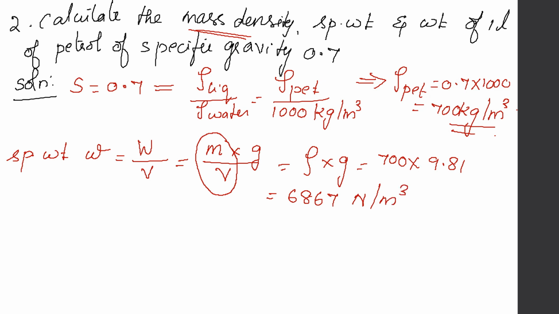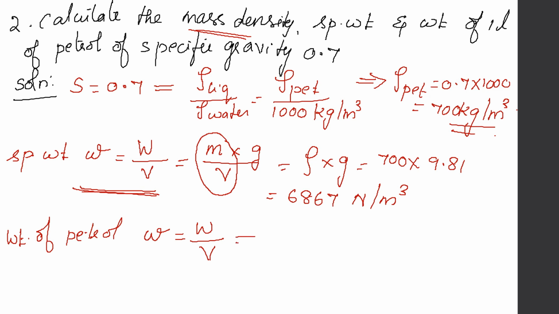Now we need to find the weight of petrol. Again we will take the same relation, omega is equal to W by V. We need to find the weight. Weight is equal to specific weight multiplied by volume.